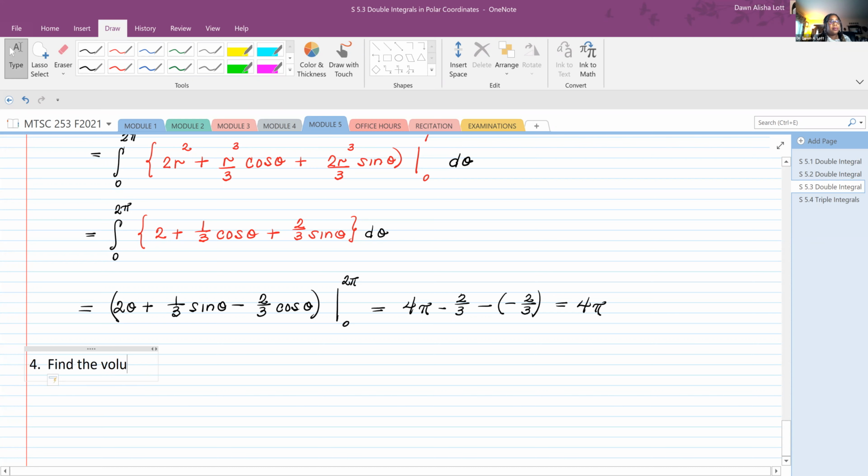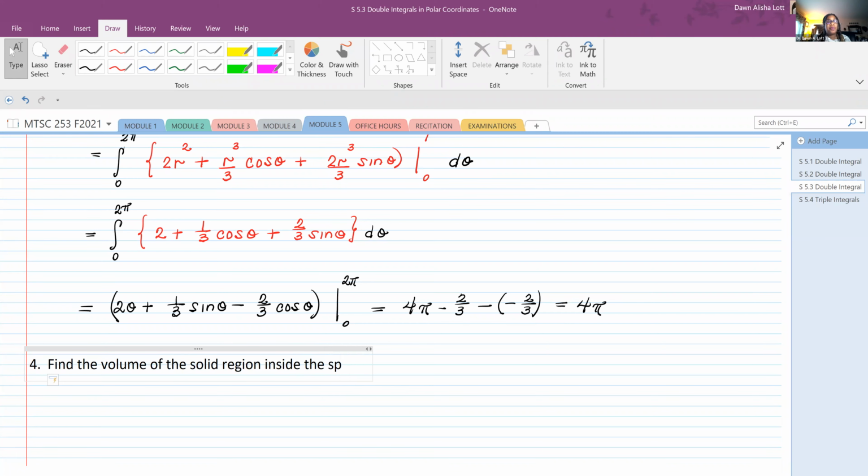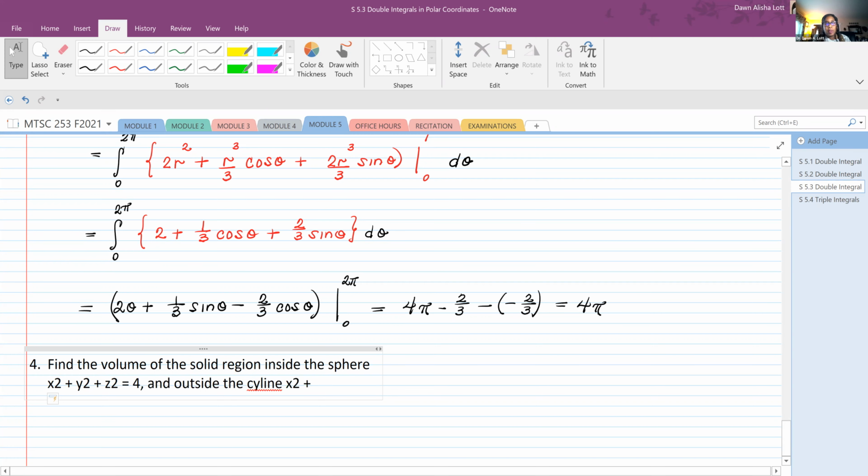Find the volume of the solid region inside the sphere x squared plus y squared plus z squared equals 4, and outside the cylinder x squared plus y squared equals 1, and above the x, y plane.